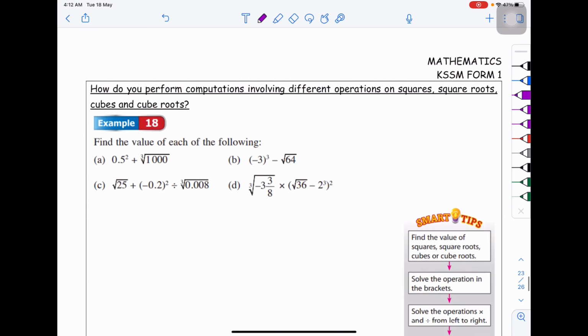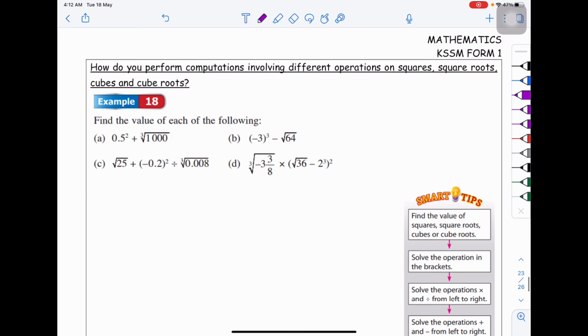Okay, last but not least, we want to know how to perform computations involving different operations on square, square roots, cubes, and cube roots. This means they are combining everything in one equation. Let's do example 18, question A first.